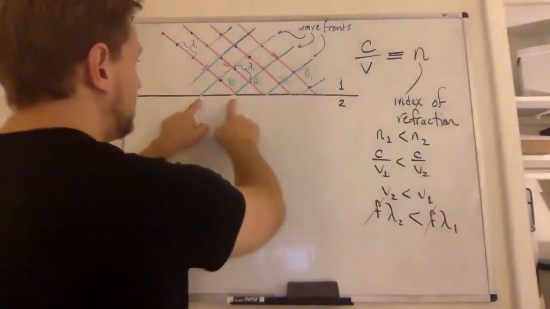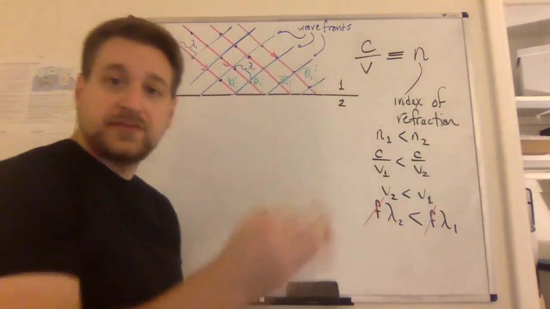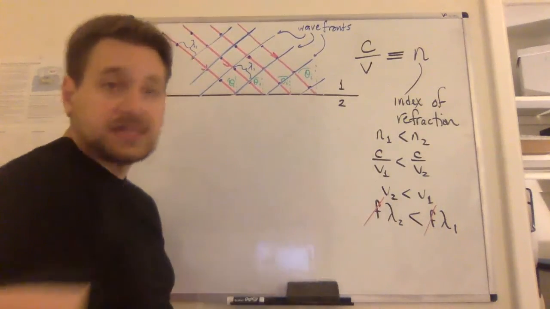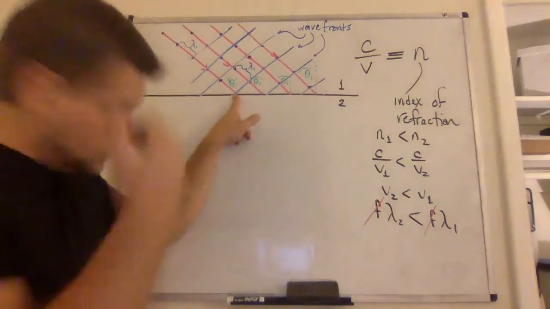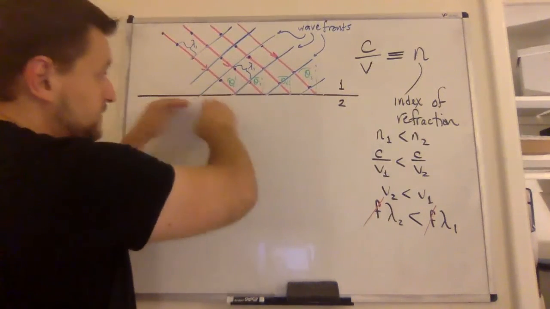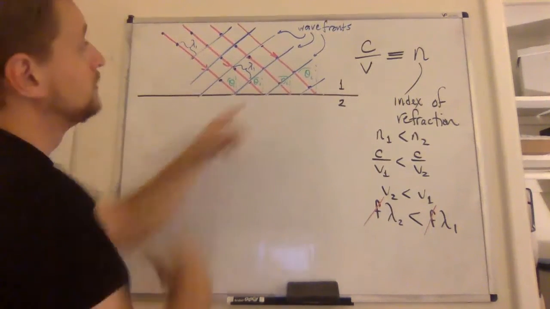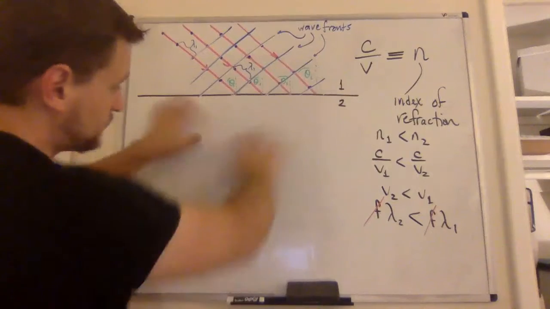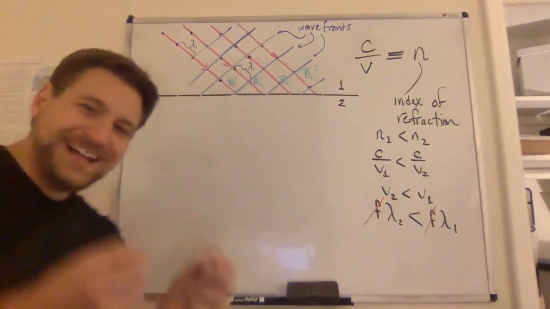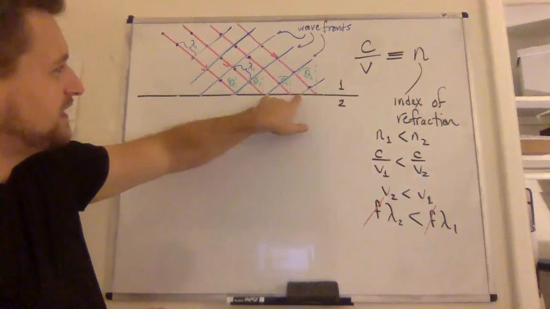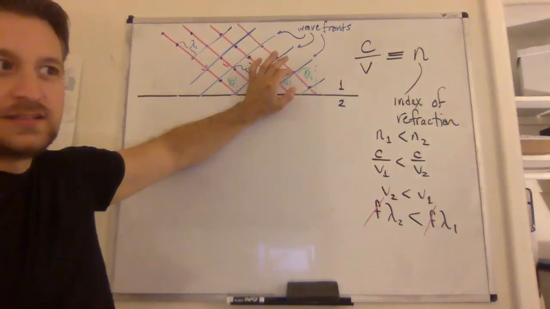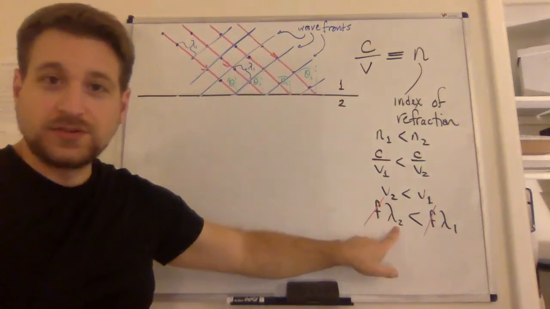But at the boundary, we need to have maximum where we're supposed to, because we can't tell this point on the boundary to do two different things. If there's a maximum here, okay, there's got to be a maximum there. So tracking the maxima in medium 2, we draw wavefronts. The wavefronts, whatever we draw, have to hit those points. But they can't be the same distance apart from each other as these lines, because lambda 2 has to be less.